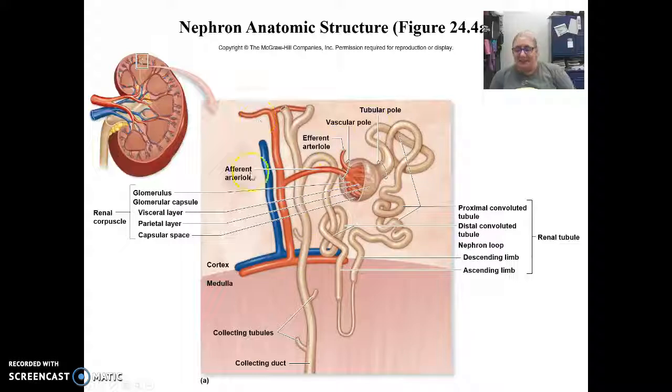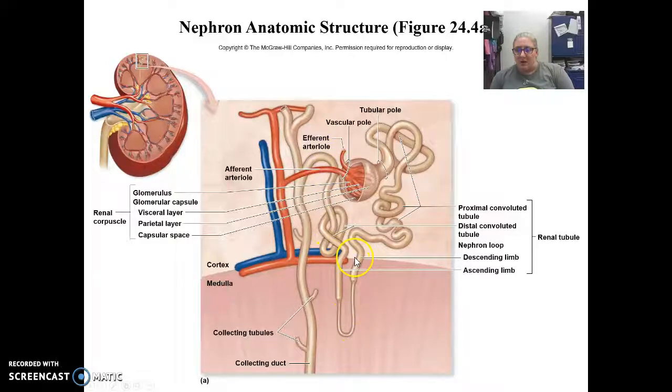So this is what a true nephron looks like. Much more complex looking. You have an afferent and an efferent arteriole going into the renal corpuscle, forming the glomerulus, or the glomerular capillaries. Here's the proximal convoluted tubule right here. Here's the distal convoluted tubule right here.